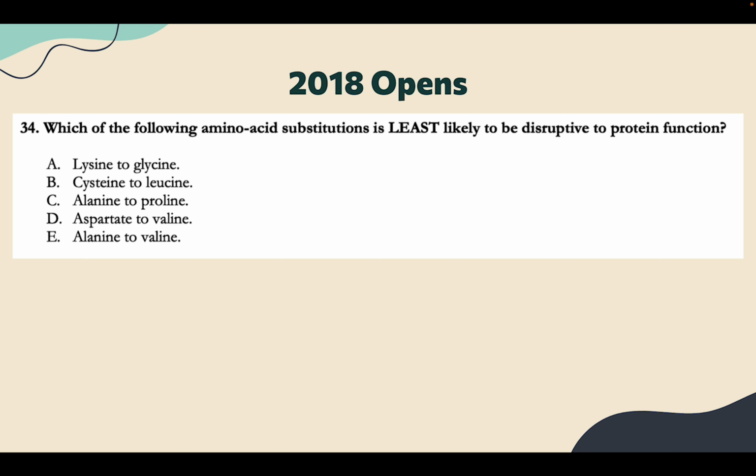It's asking for least likely, so we want to find the pair of amino acids that's the most similar. That could be in terms of charge or polarity, right? So if we look at lysine to glycine, lysine is basic and glycine is nonpolar, so that's a very big change. We'll go to B.